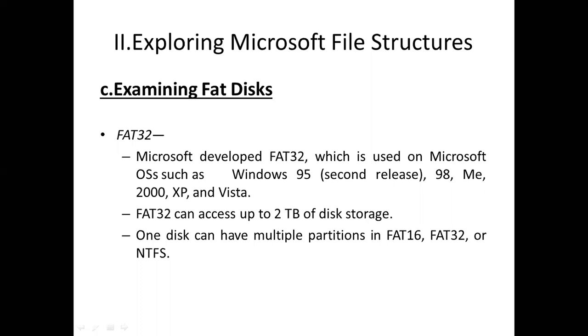And it allows the root directory to keep growing, whereas FAT16 holds only 512 entries. So that is the main difference between FAT16 and 32. So FAT16 holds a maximum of 512 entries, whereas FAT32 allows 4 million allocation units per volume.